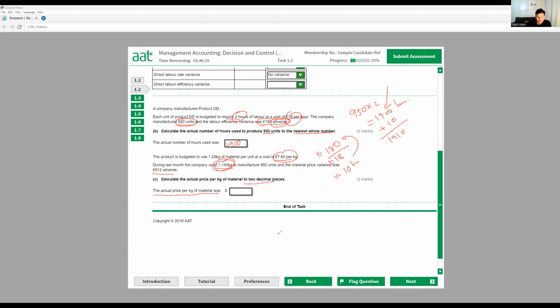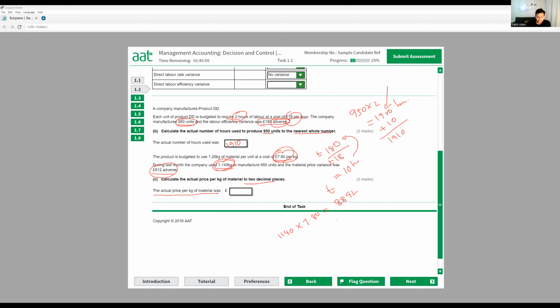Let's say 1140, the material we have actually used, times the per kilo is 7.80. So 1140 times 7.80 gives me 8892.